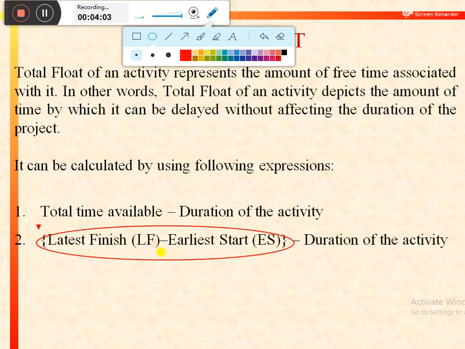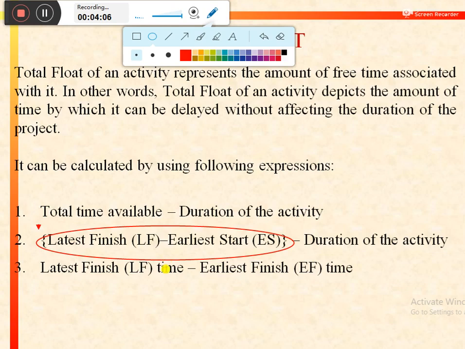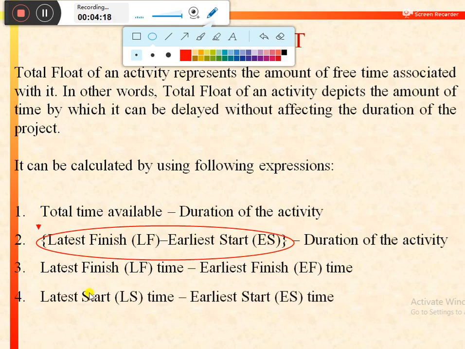In addition to these expressions, we can find the difference between latest finish time of that activity and the earliest finish time of that activity, and in this way we can calculate the total float. Further, we can also use the difference between latest start time and earliest start time to find the total float of the activity.